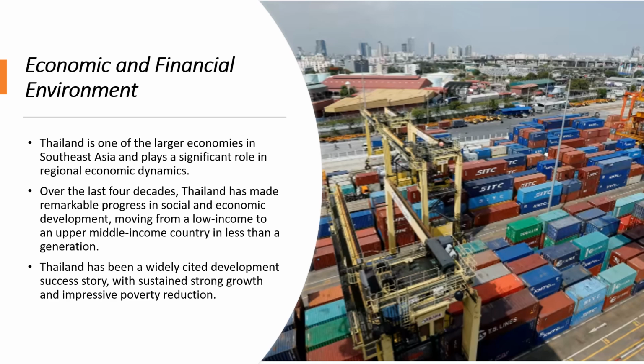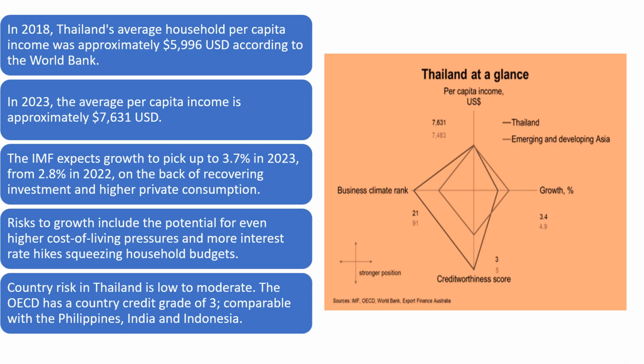In less than a generation, it has become a widely cited development success story with sustained strong growth and impressive poverty reduction. According to some surveys in 2018, Thailand's average household per capita income was approximately 5,996 US dollars, according to the World Bank.